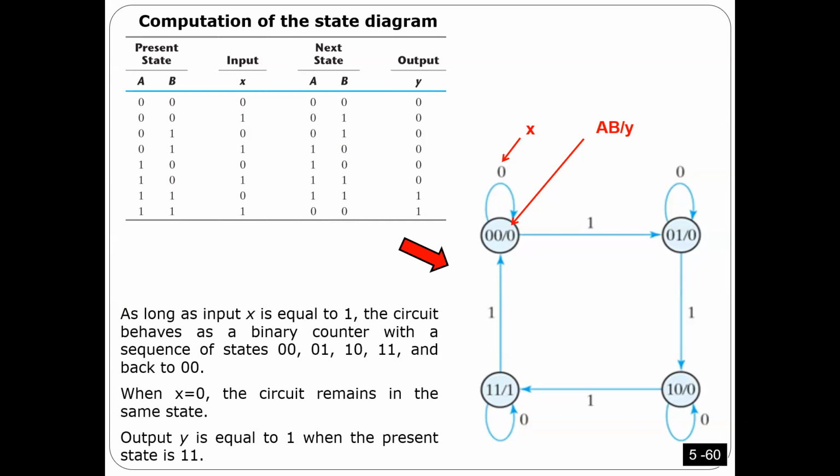If it is 0 and X is 0, you stay at 0, don't change. If X is 1, now you count 1, then 2, 3, then you go to 0, and you continue this way as long as X is 1. At any time when X is 0, you hold, you pause, you stay in this state. So we already did it before. Any questions?